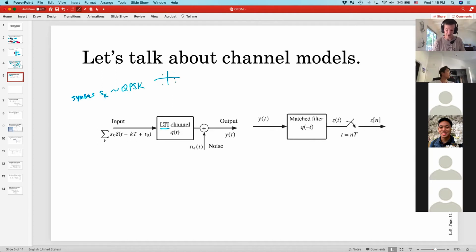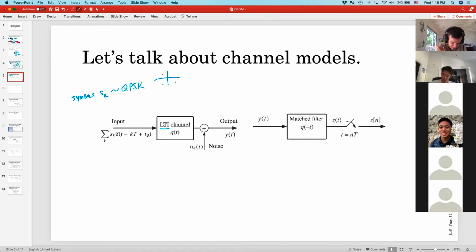Right, so what I've just done is I've said all of a sudden your symbols are now random variables because we're giving them a uniform distribution. More on that later. So one way to model getting symbols from transmit to receive is thinking about each symbol modulating a Dirac delta.